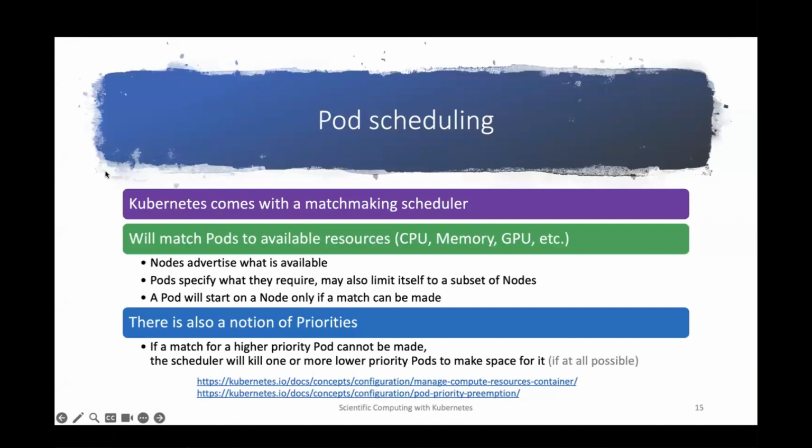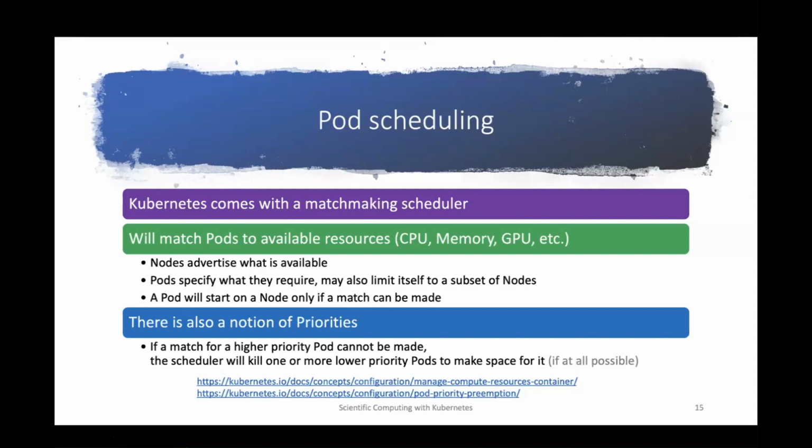So that's the basics. Now we said you really want Kubernetes to manage many nodes and many pods, so you need somehow to schedule which pod we run where. And Kubernetes comes with a matchmaking scheduler, a little bit like you are used to in traditional batch systems.